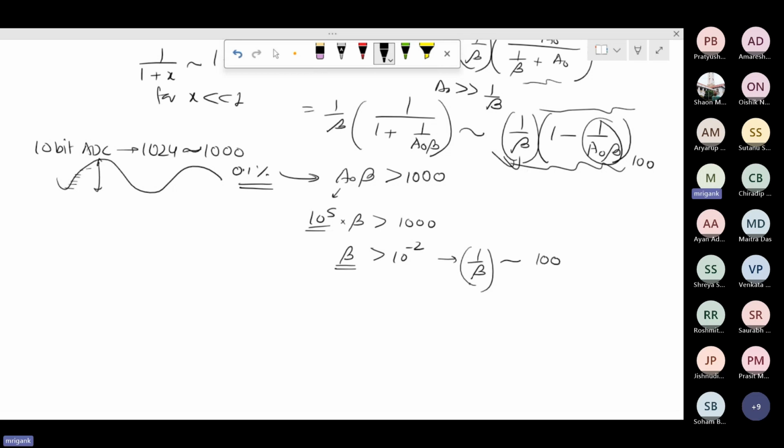So this means that overall, if you're trying to record a signal which is say 1 millivolt, and you want to amplify it to full range, the ADC sitting over here has an input range of 0 to 1 volt. It can handle 0 to 1 volt, and it will produce a 10-bit output.